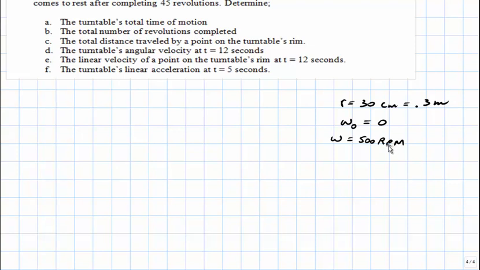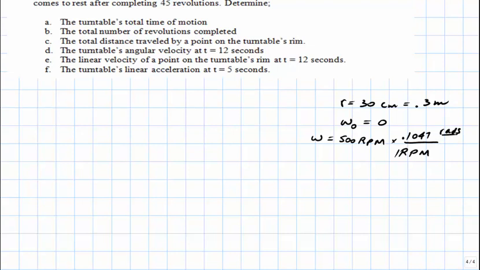As we stated earlier, RPM is not an appropriate unit, and therefore it must be converted through 1 RPM equals 0.1047 radians per second. Therefore, the final angular velocity in the first phase of the problem equals 52.35.